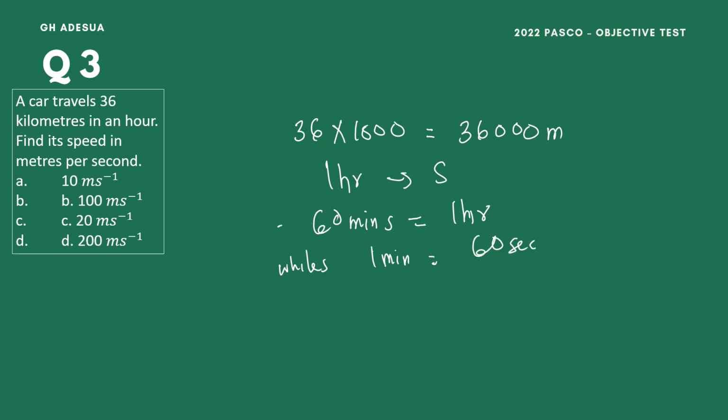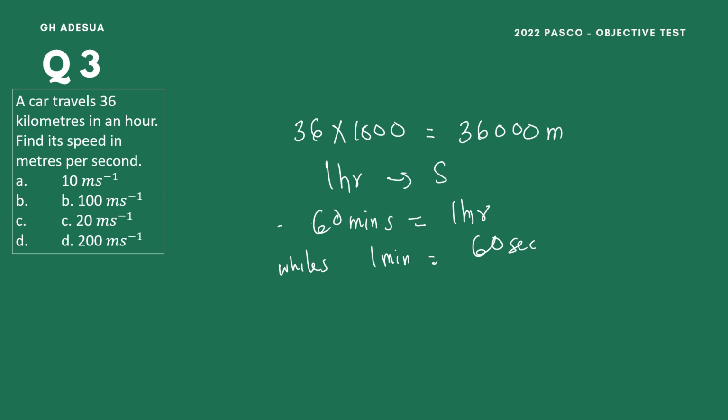Now for this case, we are dealing with an hour converting to seconds. So now what happens here is, we know that an hour is 60 minutes, and 1 minute is 60 seconds.